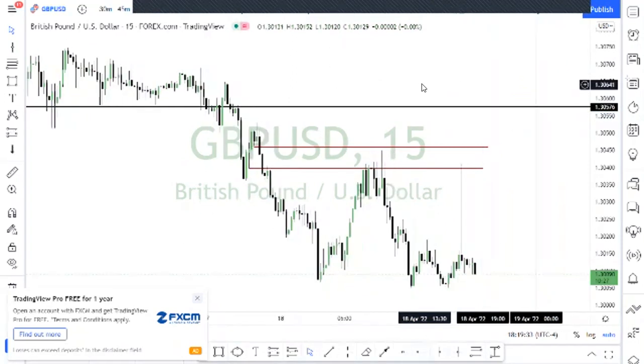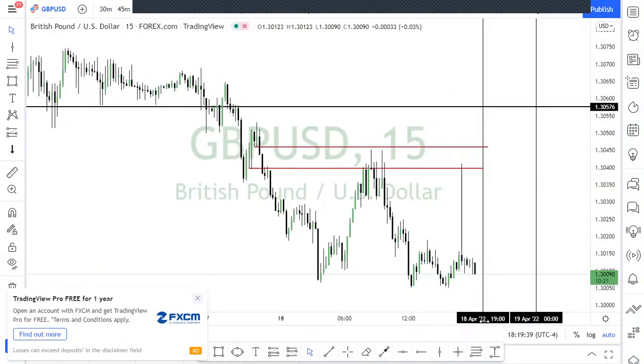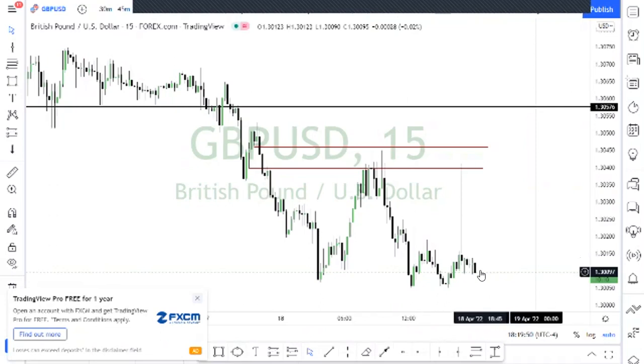So I have annotated the Asian session. The Asian session begins at 7 p.m. New York time and it ends at 12 a.m. New York time. If tomorrow is going to sell, between this time period, price should be in a consolidation.